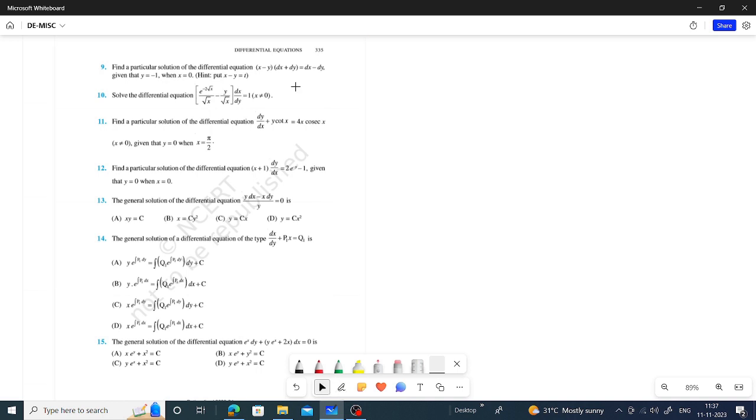Question number 10. So here the question is (e raised to minus 2 root x by root x minus y by root x) dx by dy equal to 1.